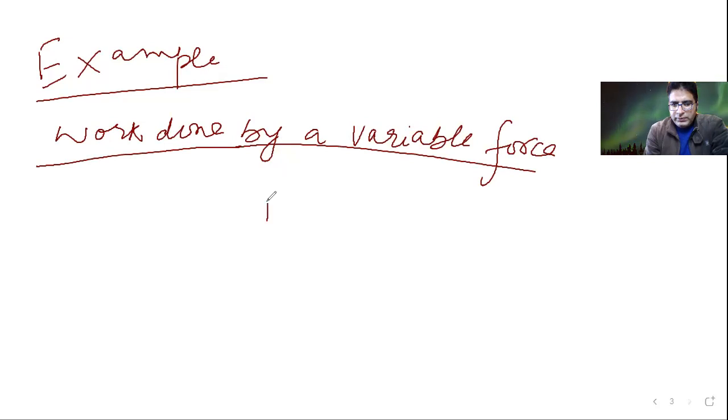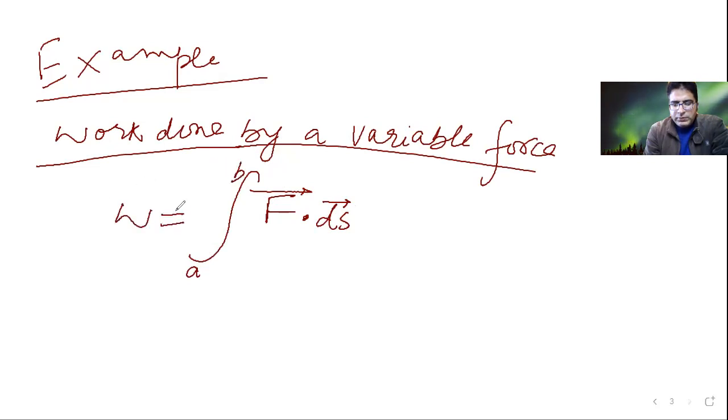So we have some force which acts on a particle, and ds is the infinitesimal displacement vector over which it is constant. Then we integrate it from A to B along some path to calculate the work done by this force along the path considered. So this is the example.